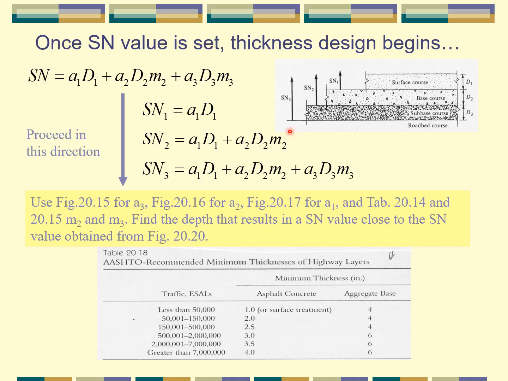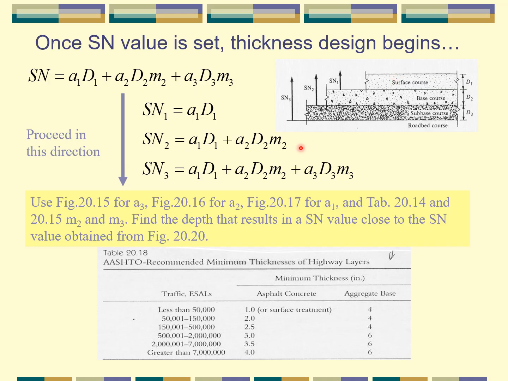You can see that this one is SN1, this is SN2, this is SN3. SN3 is meant for the entire pavement. SN2 is meant for the base course plus surfacing. SN1 is meant for surface course only.